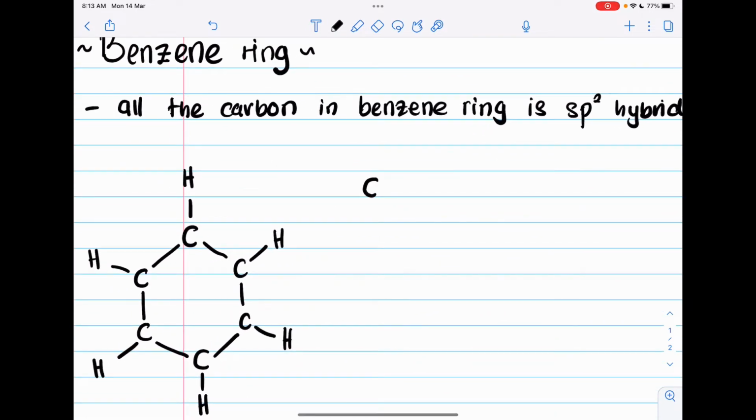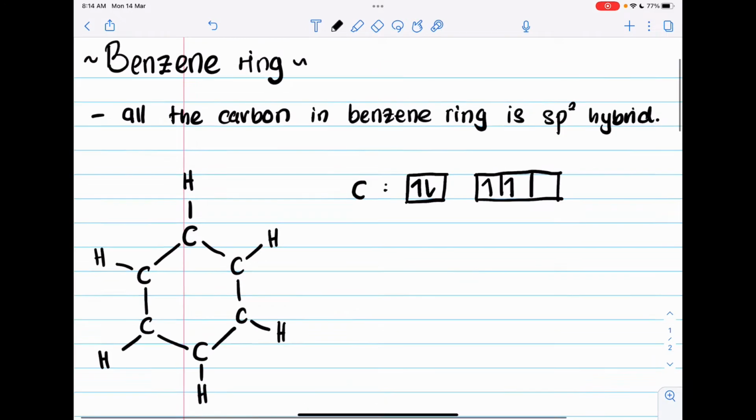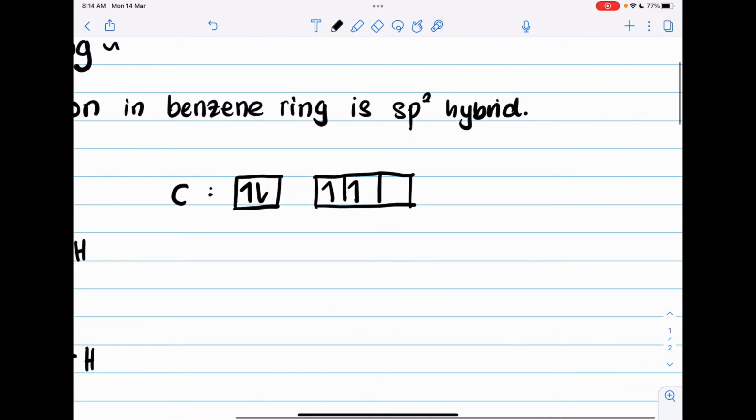So if you remember carbon, kalau kita lukis, when it comes to hybridization, so we have 1, 2, 3, 4 valence electron. This one is at ground state, okay? Ground state. This is ground state.